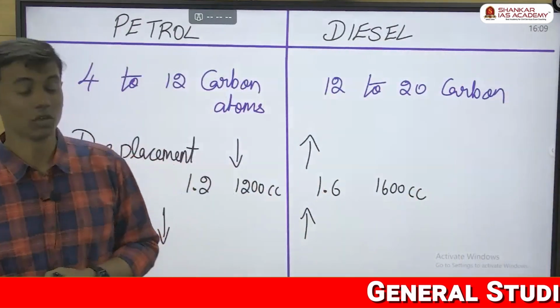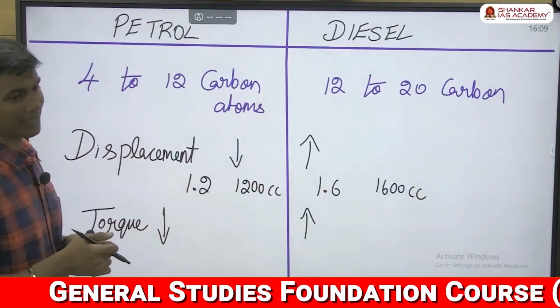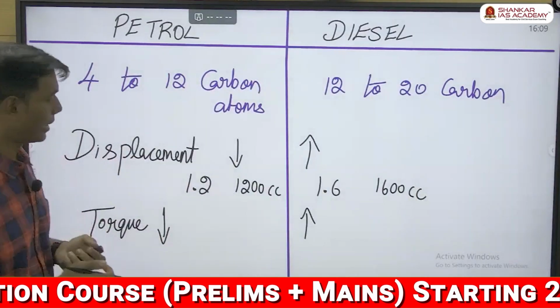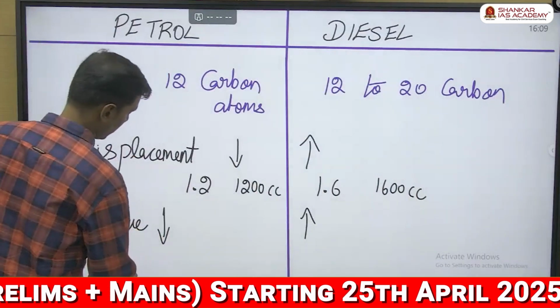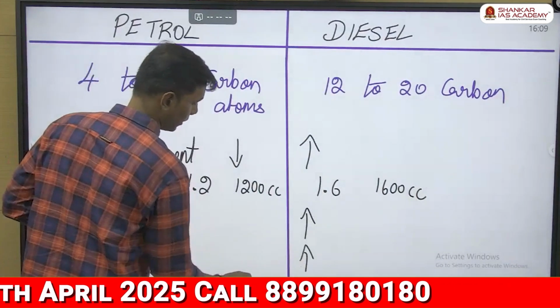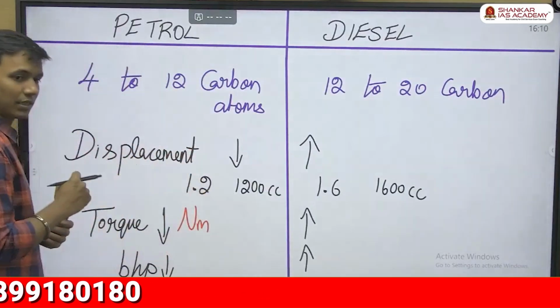Okay, next, let's talk about the pickup. How fast it can reach, say, 100 kilometers per hour. Petrol or diesel? Which will have higher pickup? Diesel will have higher pickup. Generally, we call it brake horsepower, which is lesser for petrol and more for diesel. Torque is generally measured in Newton meters, how much force is being given.